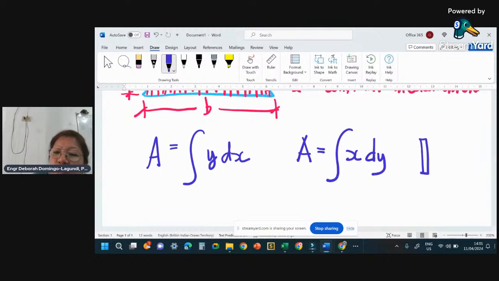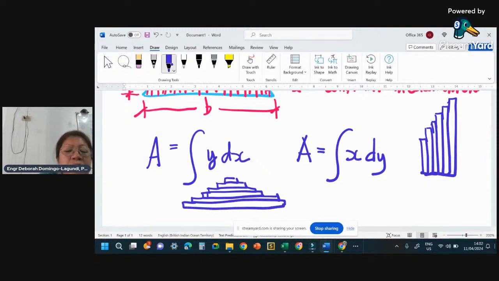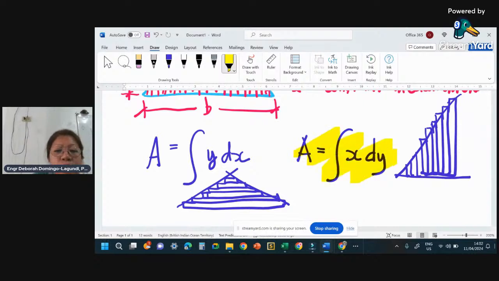These vertical strips compose our triangle. While the y dx strips would be small and go down until they form a triangle as well. So there are two ways to analyze a triangle: using a horizontal strip or using a vertical strip. Now, this is the one that we're going to do.